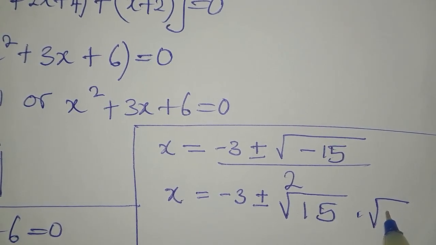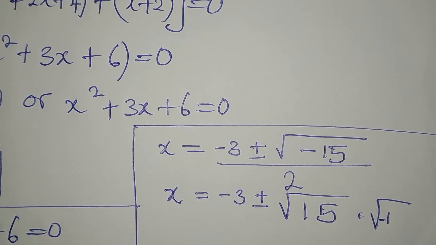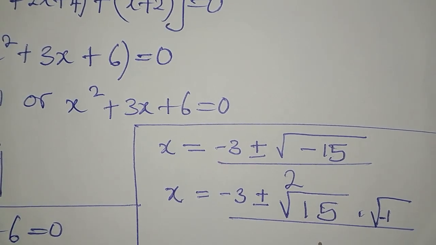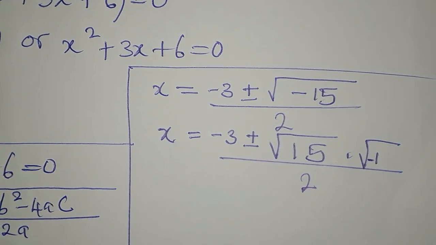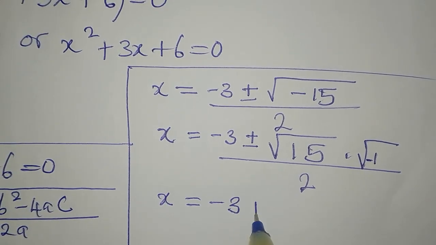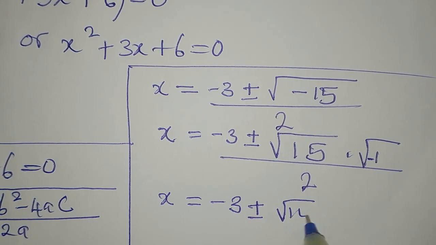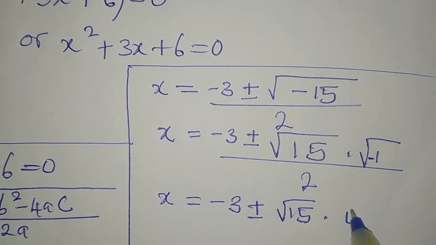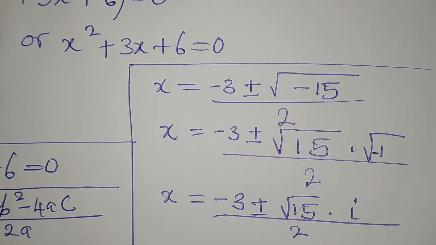So we have the square root of negative 1, and then it's over 2, so that our x now is equal to minus 3 plus or minus square root of 15 multiplied by i over 2, because the square root of negative 1 is i.